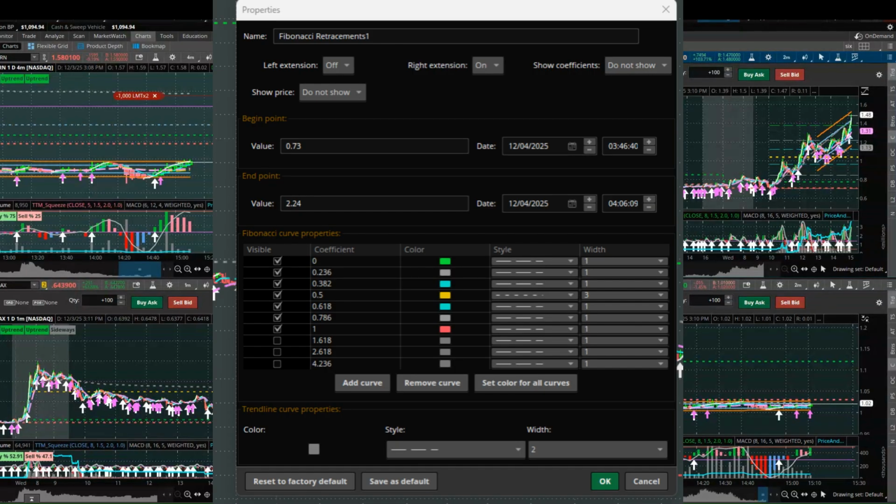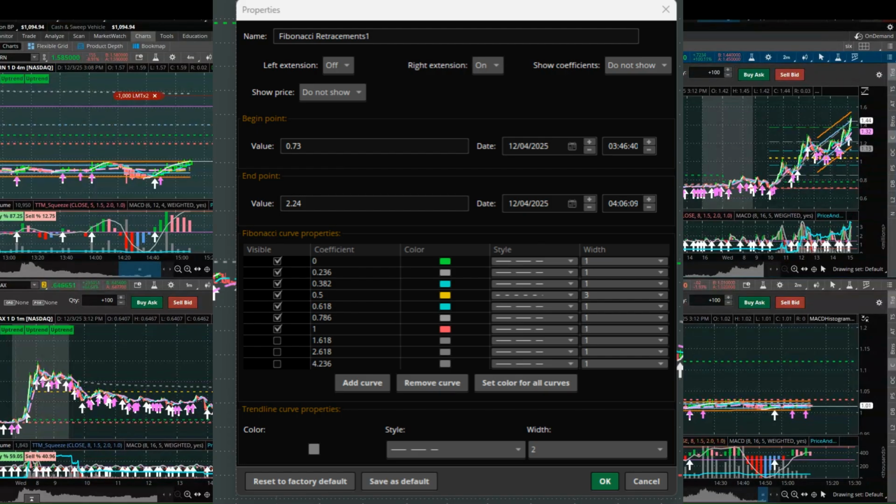Well, that is gray and that's gray. Now over here, I make them dashed. The average yellow is dotted. Those might be just smaller dashes. And then over here, they're all just one width, except for the average, which is 3. So I really want that average to stand out.